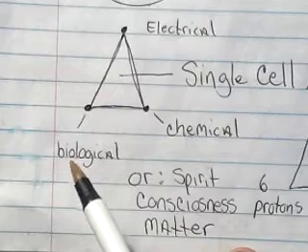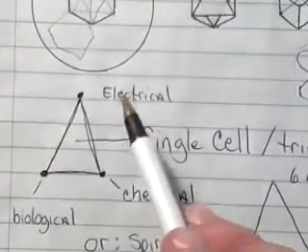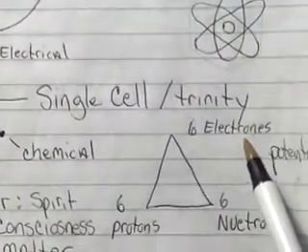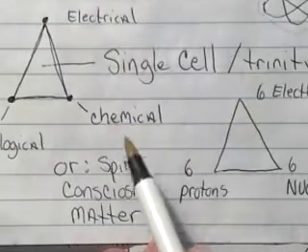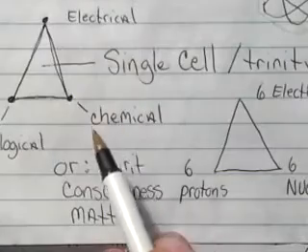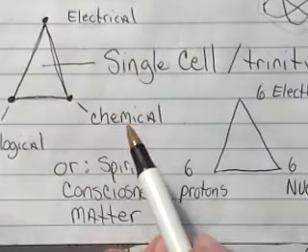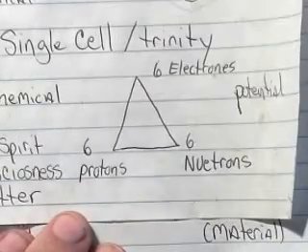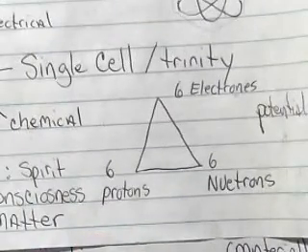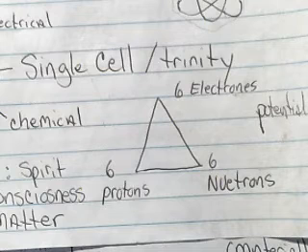The protons are the biological, protein. Electrical, electron, chemical. Now you want to think chemical reaction. And when you think about chemical reaction, what will neutralize a chemical reaction? And there you have neutrons. Okay? So that should have been pretty big info for you.